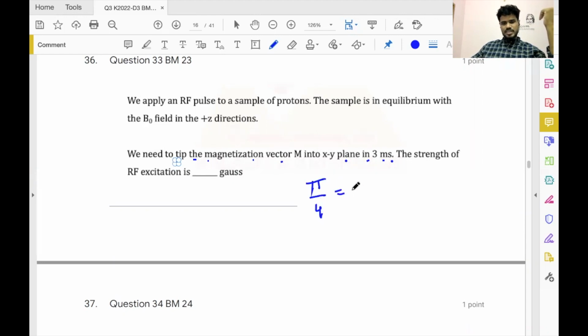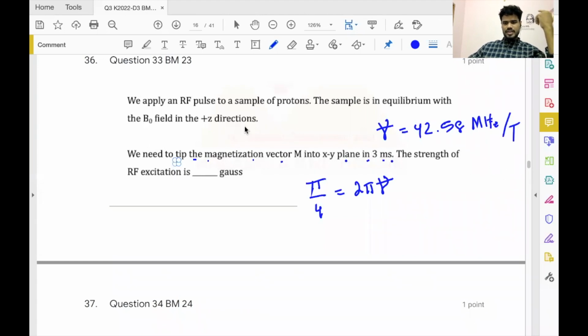What does the tip angle depend on? 2 pi gamma bar. Notice we are talking about radians. So use 2 pi gamma bar, where gamma bar is 42.58 megahertz per Tesla.